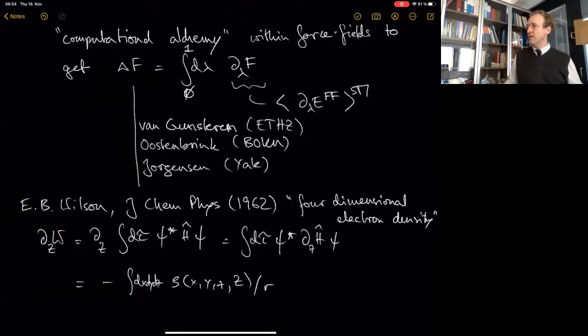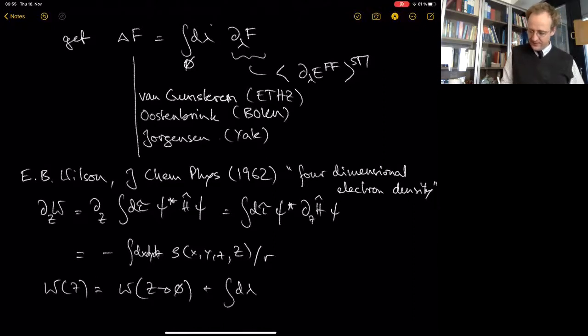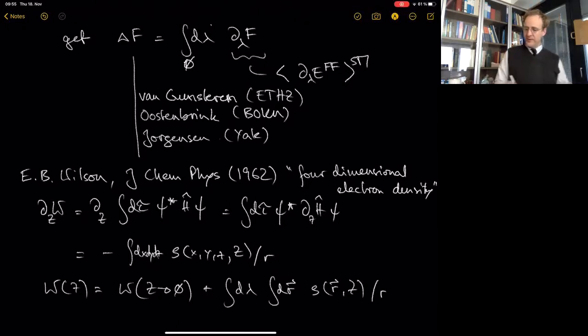And so what he's saying is that you can get the total energy for some nuclear charge by starting out with your nuclear charge at 0 plus the integral over lambda times rho over distance.